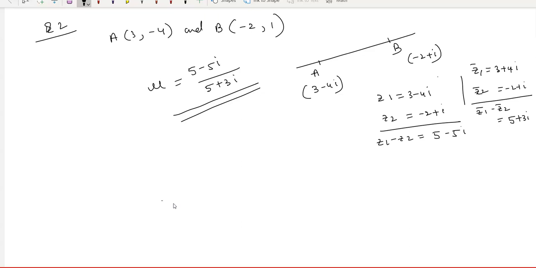Let us continue this part, the geometry of complex numbers, to be continued.